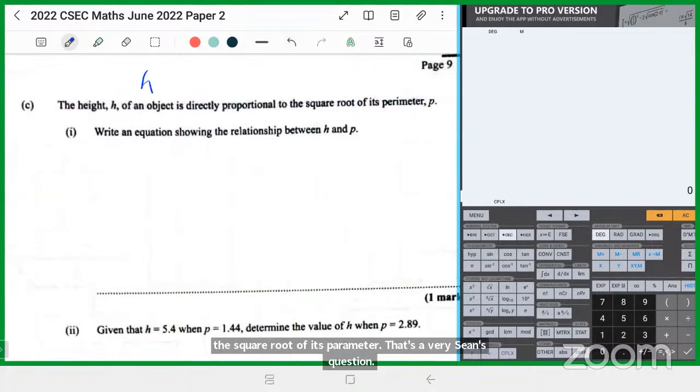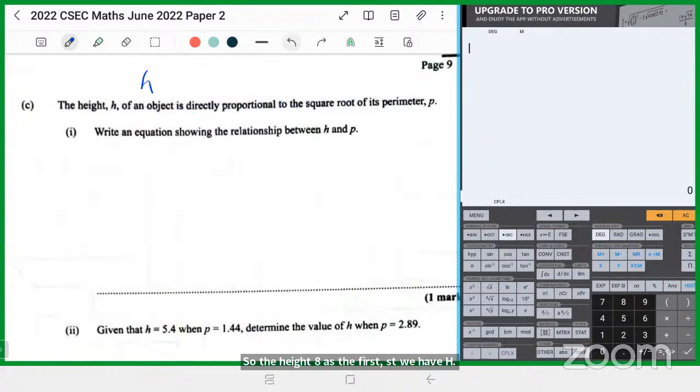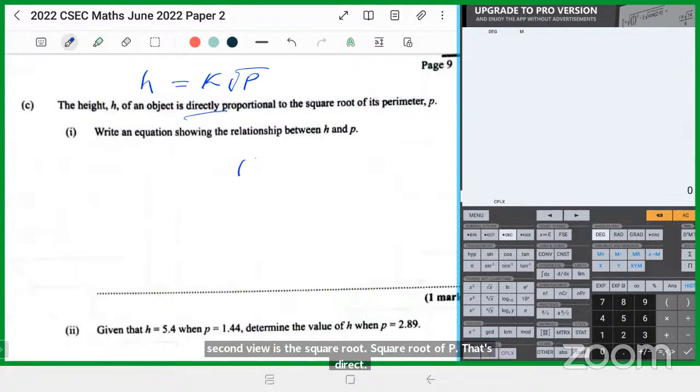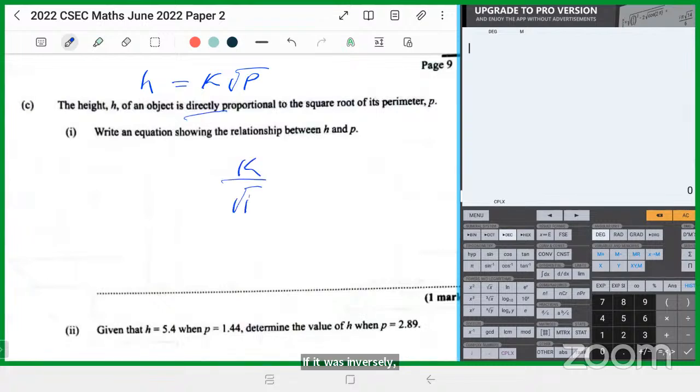Directly proportional means it is k, a constant, times the second variable, which is the square root of p. That's the relationship. If it was inversely, it would be k over the square root of p, if instead of directly they had the word inversely.